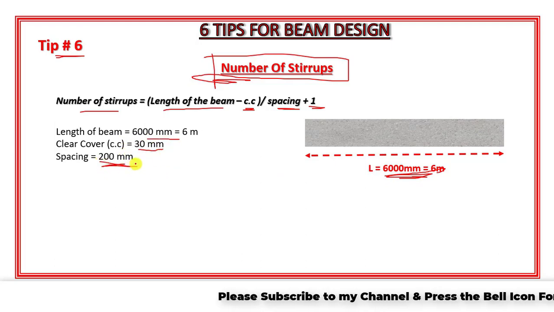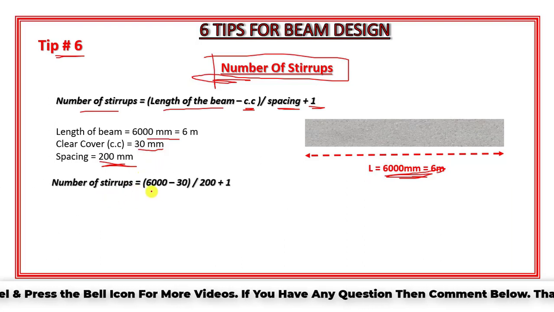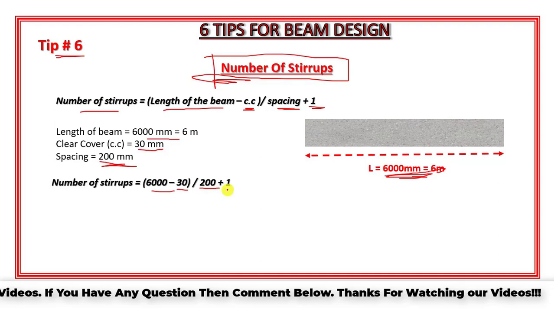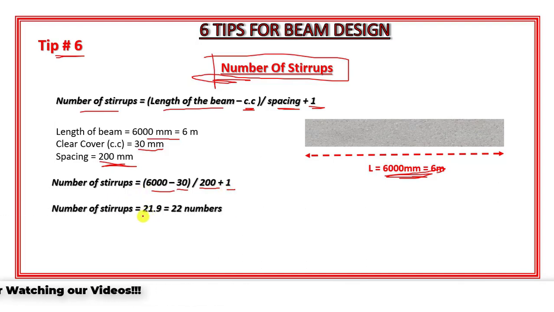Okay, so I will put all these values in this formula, and after all the necessary calculations, I will get the number of stirrups, which is 21.9, and I will take 22 number of stirrups. So in this 6 meter long beam, 22 number of stirrups will be used.